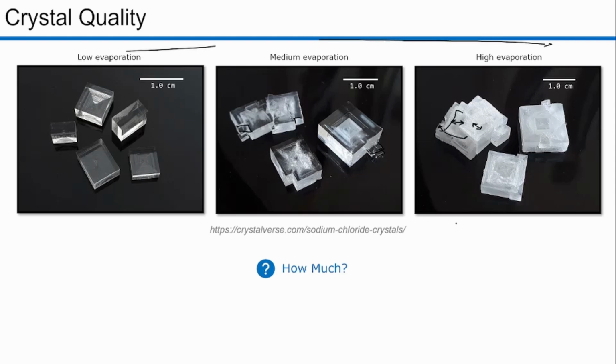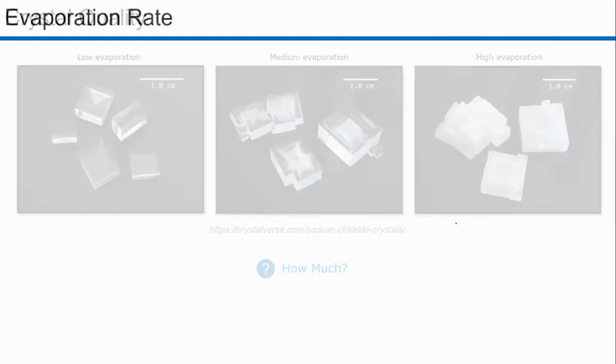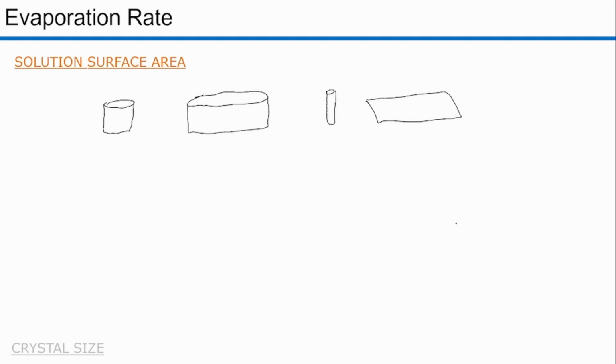But we are talking about evaporation and low, medium, and high evaporation. You might ask me, how much is low evaporation or high evaporation? I also asked that myself and got some interesting results. To talk about evaporation rate, I want to cover the solution surface area and the crystal size. So, for solution surface area, imagine that we have these four scenarios.